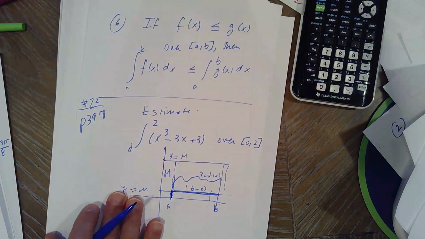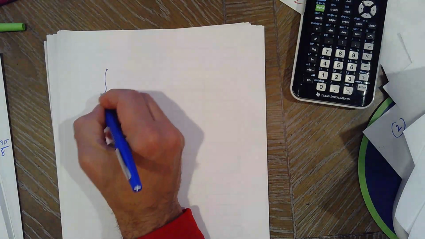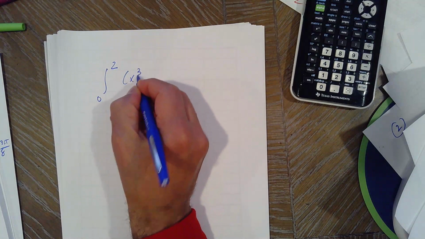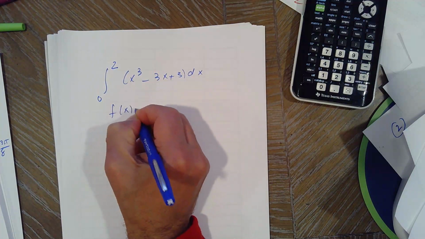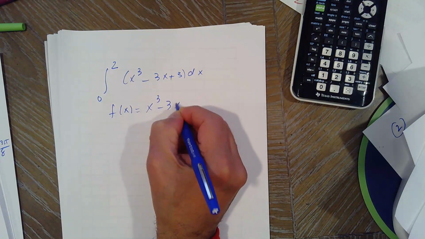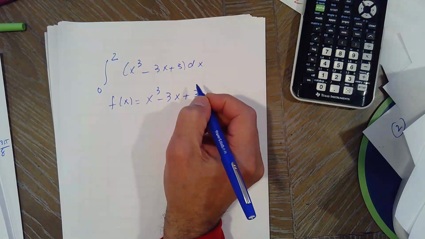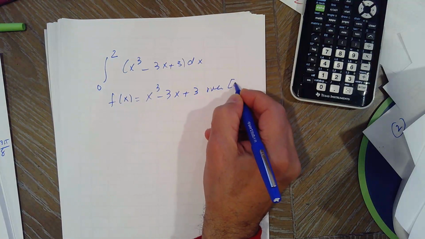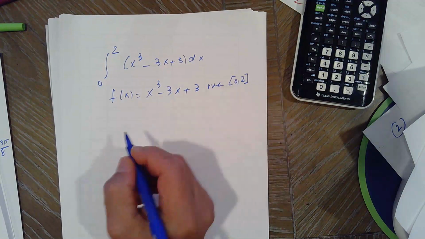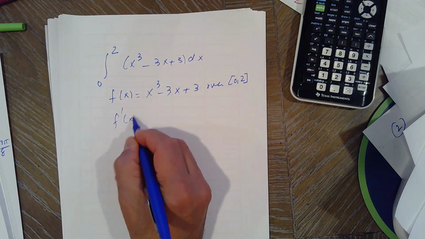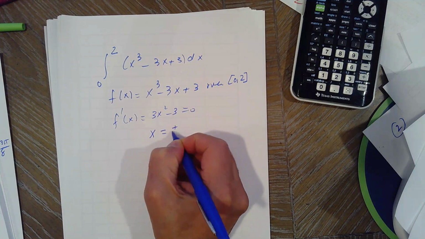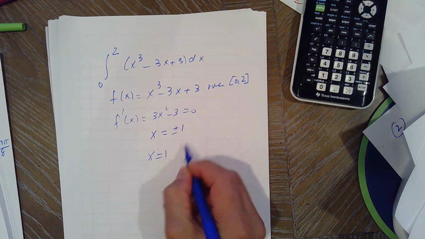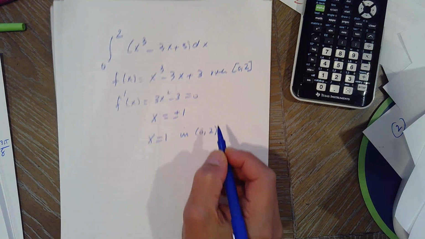So if you look at the example that we have to use property 8 to estimate, we want to estimate this x cubed minus 3x plus 3 dx. So f of x is x cubed minus 3x plus 3 over the interval between 0 and 2. If you find the derivative, you get 3x squared minus 3 equals 0 if x equals plus or minus 1. Well, x equals 1 is in the interval 0 to 2.